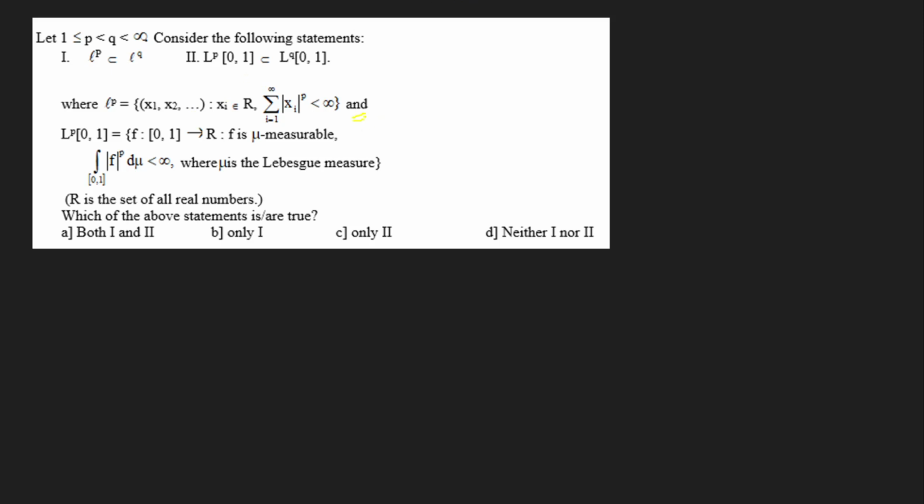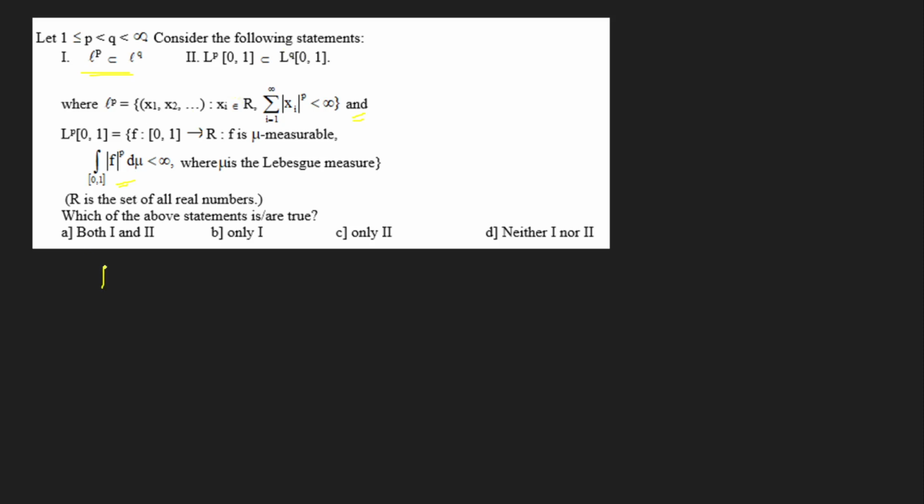This sum is less than infinity, and for capital L_p, f is mu measurable, and this integral of |f|^p over 0 to 1 d mu is less than infinity, right? So we have the statement that l_p is contained in l_q, and capital L_p over the closed interval 0 1 is contained in L_q over the closed interval 0 1.